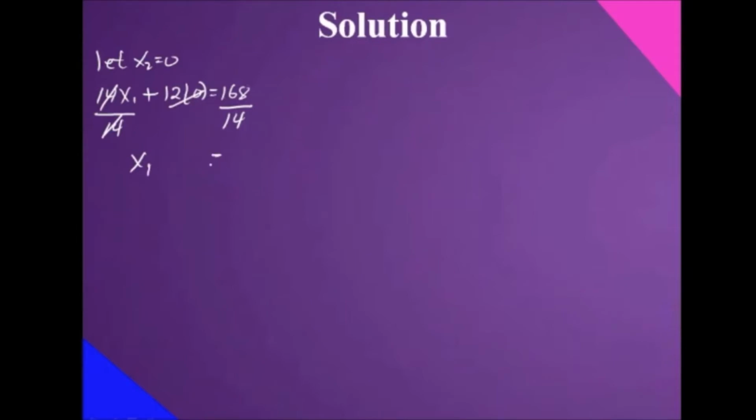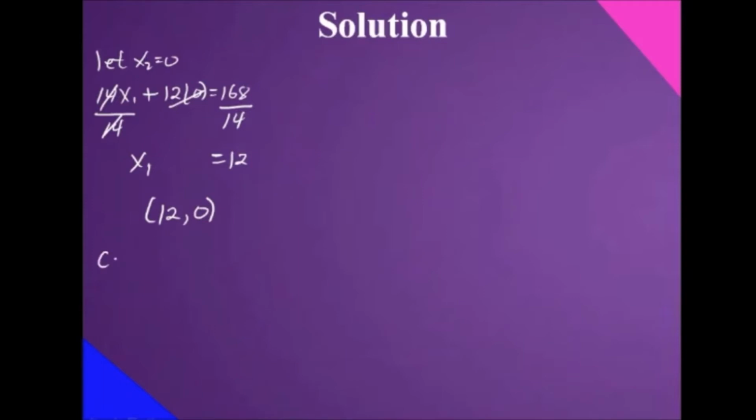This will give us a value of 12. So, meaning, if our x sub 2 is 0, our x sub 1 na value will be 12. So, ayan, meron na tayo pangalawang point for our constraint number 2.